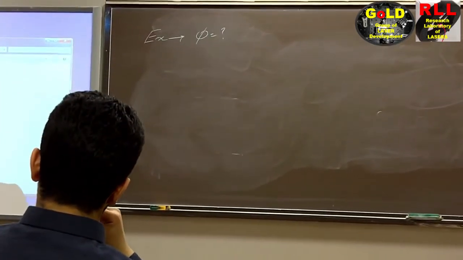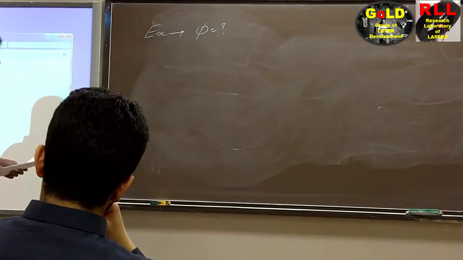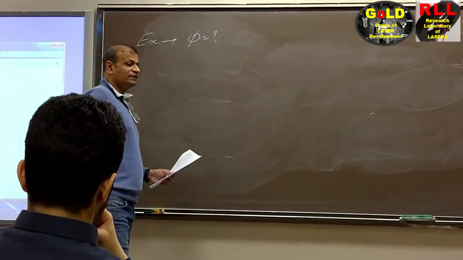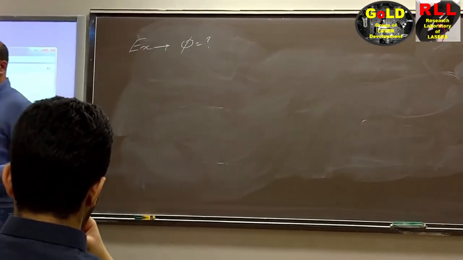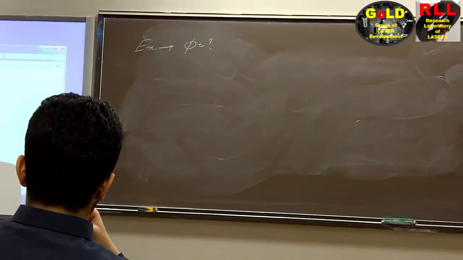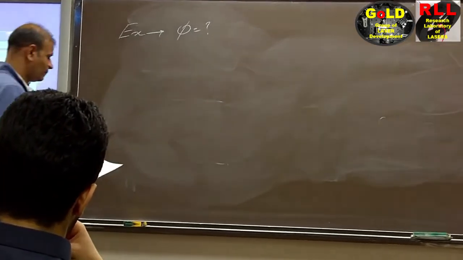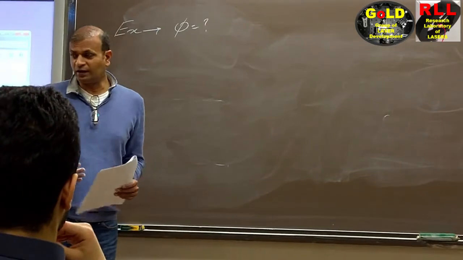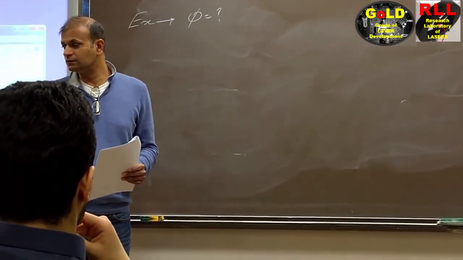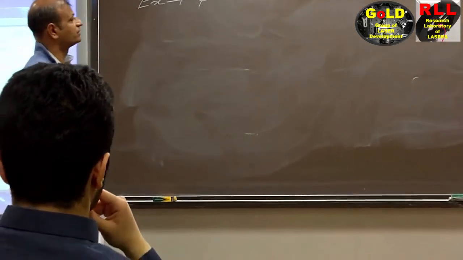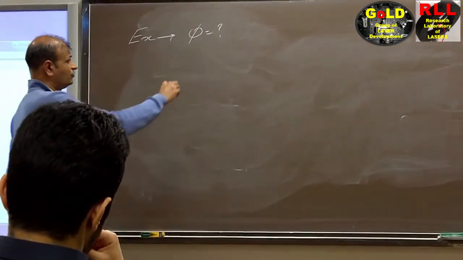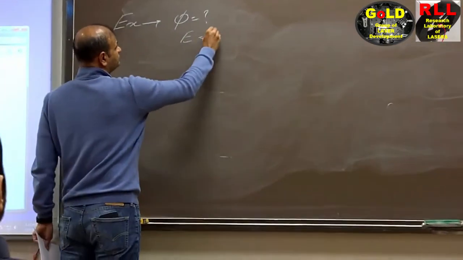Electric field is not given. So what they have given is the charge value, and they have given the R value. R mean, remember R? Yes, so first we need to find out electric field.